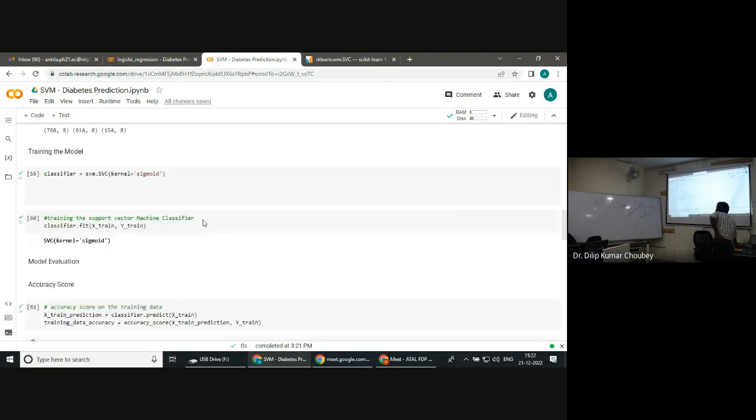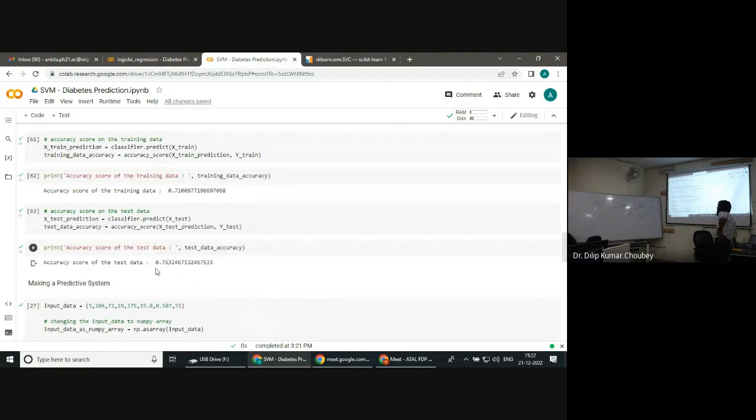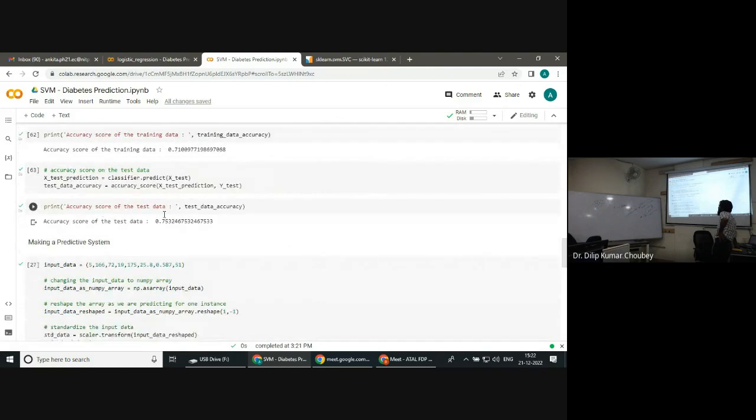Let's change this kernel from sigmoid to RBF. Did you notice कि हमने कितना पाया? It's 75.3% when the kernel was sigmoid.